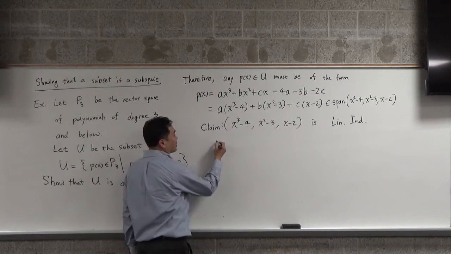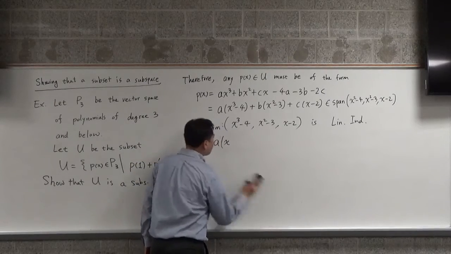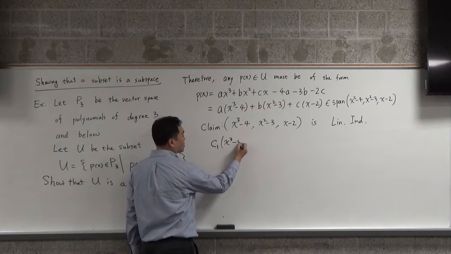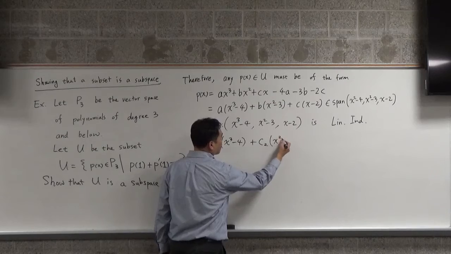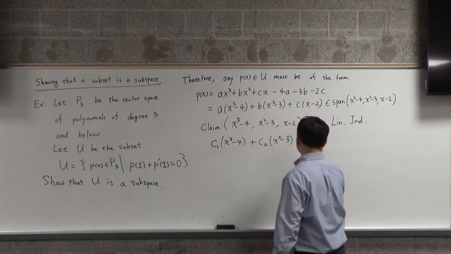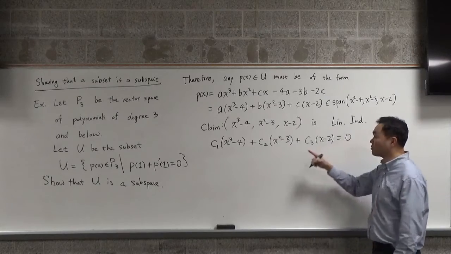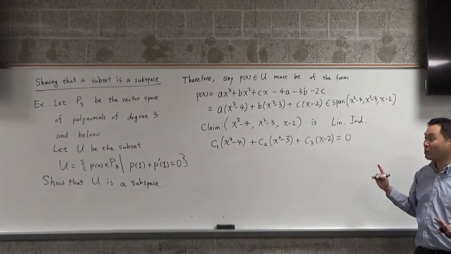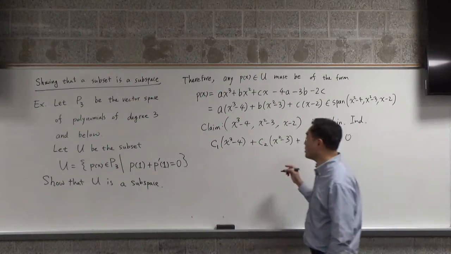And now, linear independence means that if c1 times one vector plus c2 times another vector plus c3 times the last vector is equal to 0, we have to show that c1, c2, c3 are 0. That's the only way that you can have a 0. That's the definition of linear independence, right?